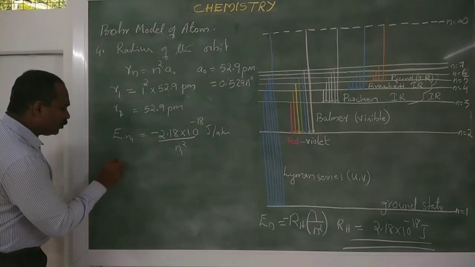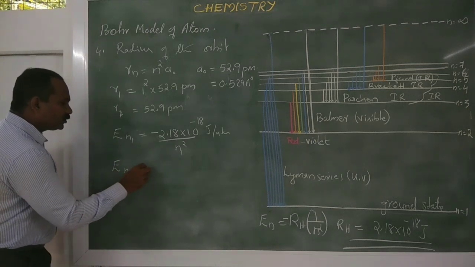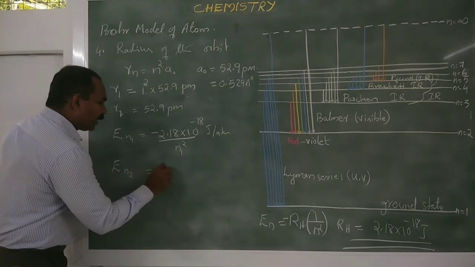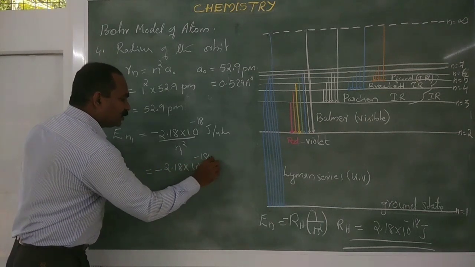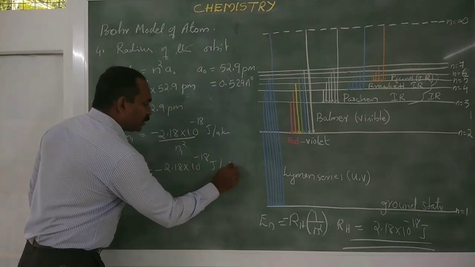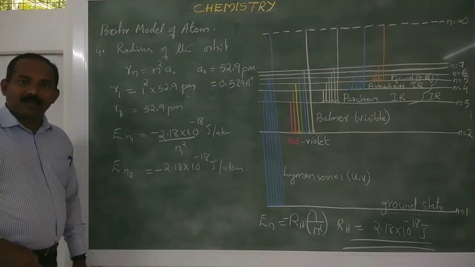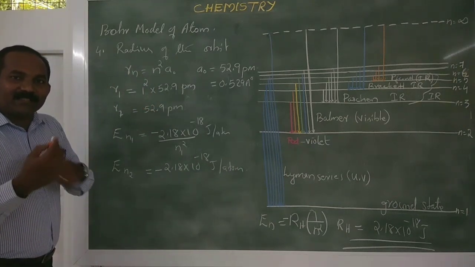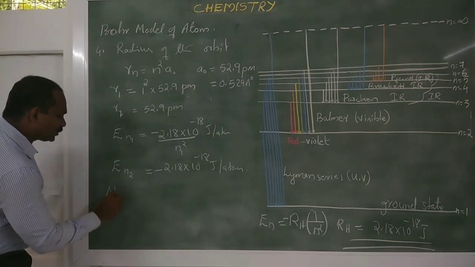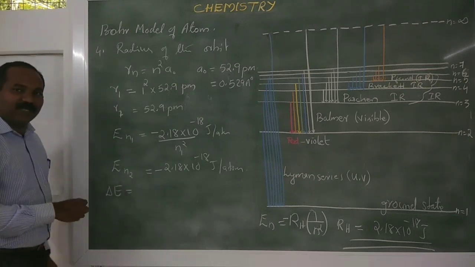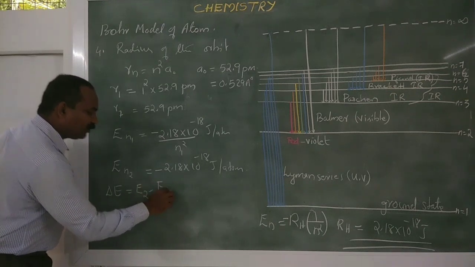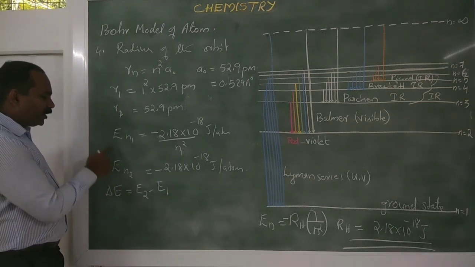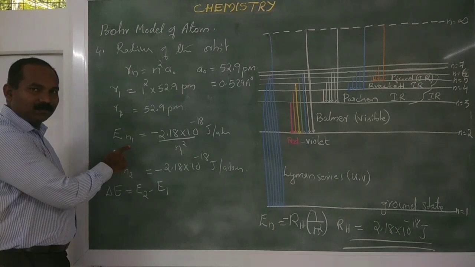And then for n2, En2 is equal to minus 2.18 into 10 raised to minus 18 joule per atom divided by n2 square. Then delta E. What is delta E? Delta E is the change in energy. Delta E is equal to E2 minus E1, or En2 minus En1.